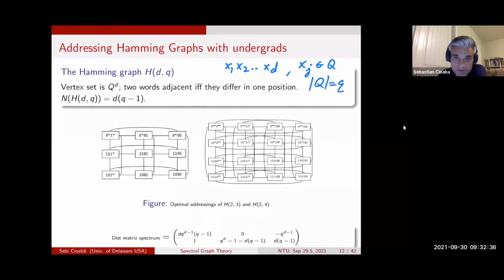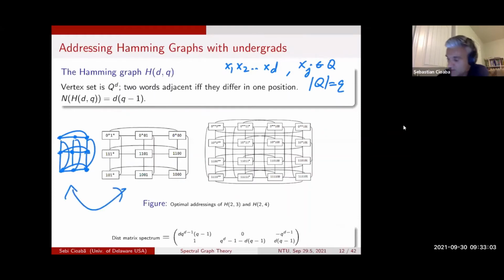If q is 2, then it's the cube, and you have two words adjacent if and only if they differ in exactly one position. Over here you have two pictures of H(2,3). H(2,3) is the one on the left, and here everything is adjacent if it's in the same row or in the same column. So that's essentially the same as this graph. And we found the optimal addressing of this graph.